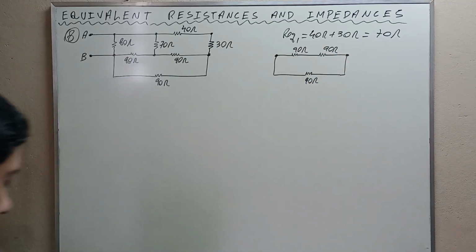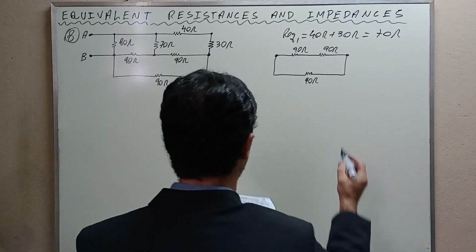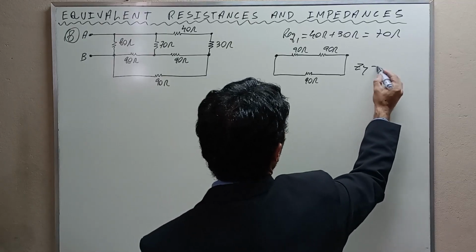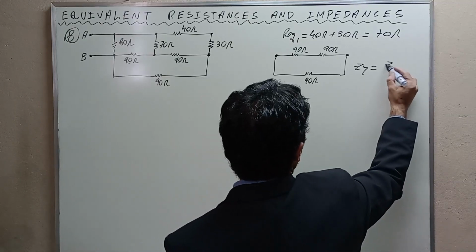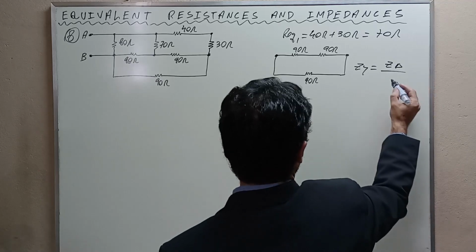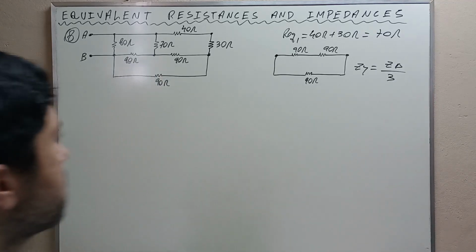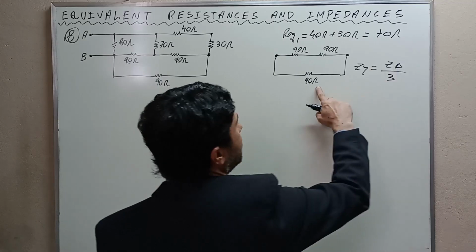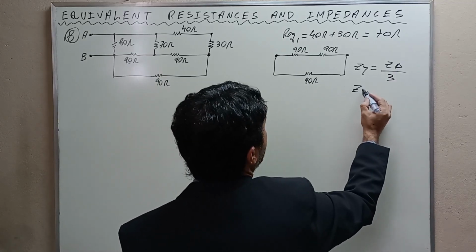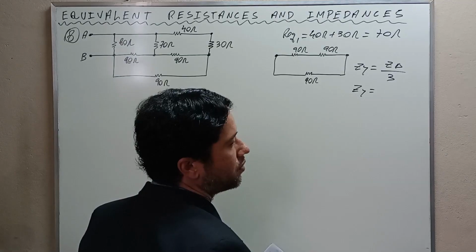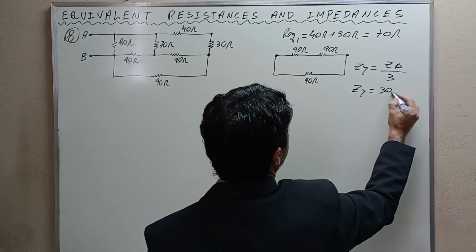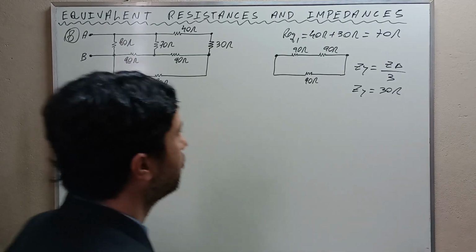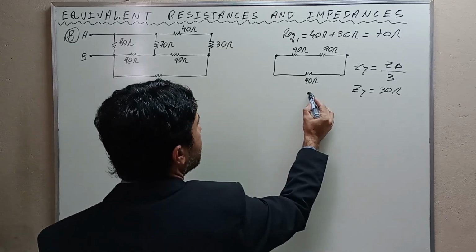And from the previous exercise, we know that Zy will be equal to Z delta divided by 3. Okay? Z delta is 90. Zy is 90 divided by 3, 30. And this combination becomes this.